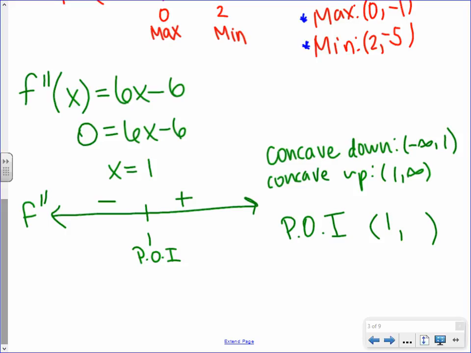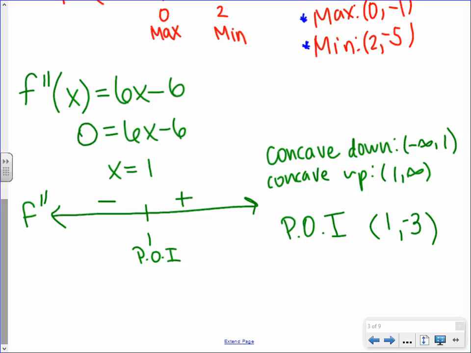Josh, what's f of 1? Okay. Now we get to put it all together.